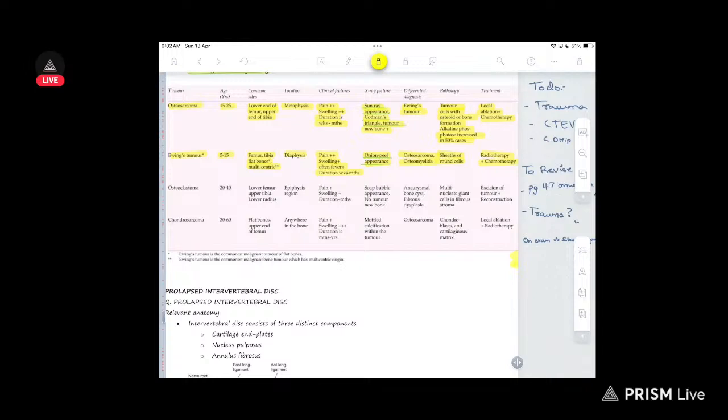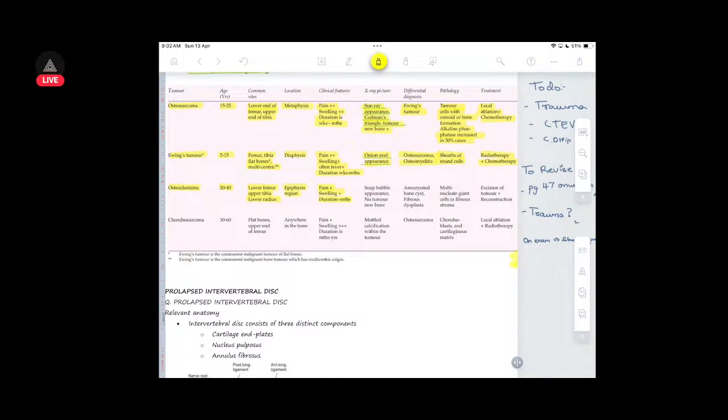Then you have osteoclastoma between 20 to 40 years, lower end of femur, upper end of tibia, and lower end of radius. Same as above, it affects the epiphyseal region. Pain will be less, not severe. Swelling will be less, not severe.